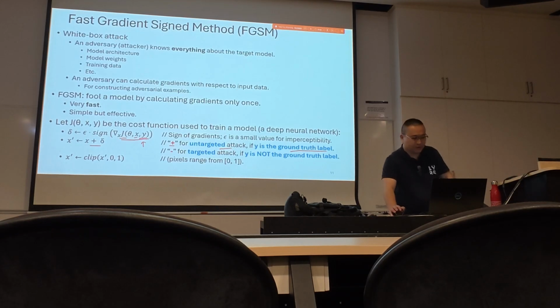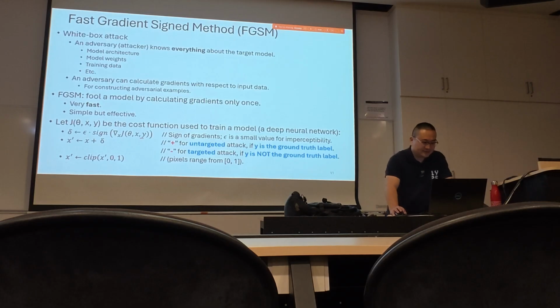If the model correctly recognizes it as a panda, the error is very small. However, we modify the panda along the direction of the gradient. Then the loss function, or the error, will be big. Then the model will make incorrect predictions on the attack. So this is for an untargeted attack, where y is the label of the attack.